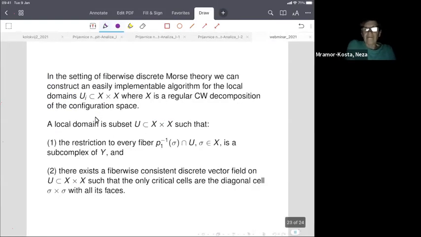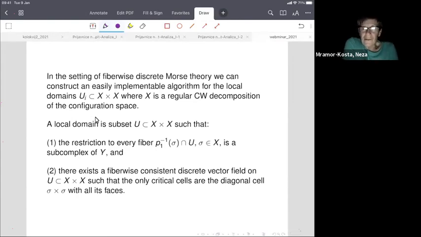Okay, so I don't want to stretch my time too much, so I'm just going to finish by saying that in the setting of fiberwise discrete Morse theory, we can come up with an algorithm which constructs these local domains, and not only that, it also gives a path for any pair of points X and X prime in our product, which brings one point to the other.